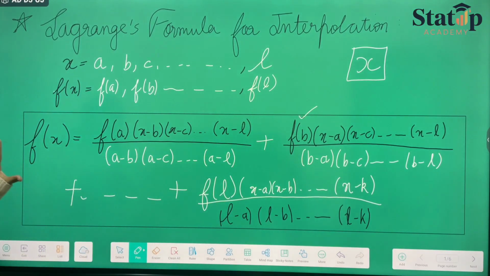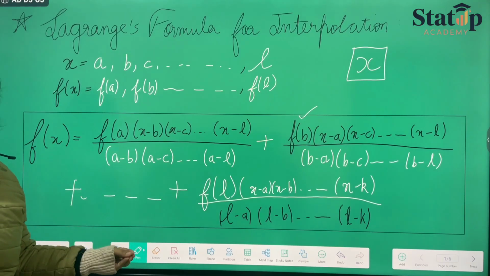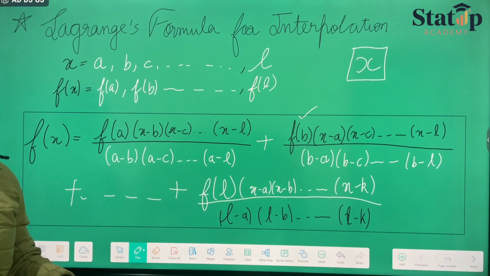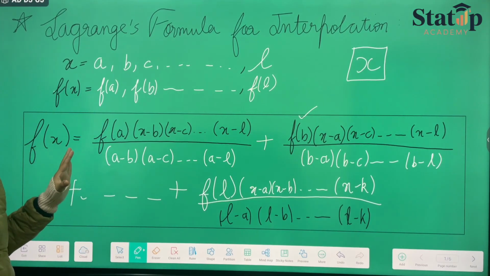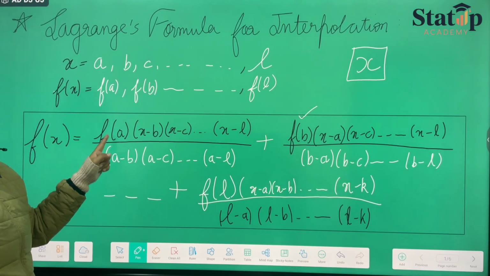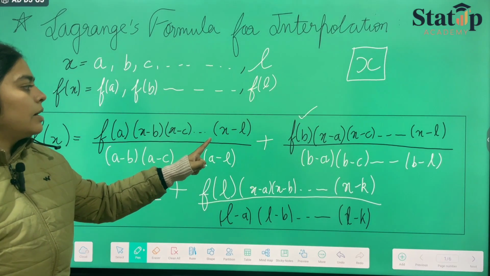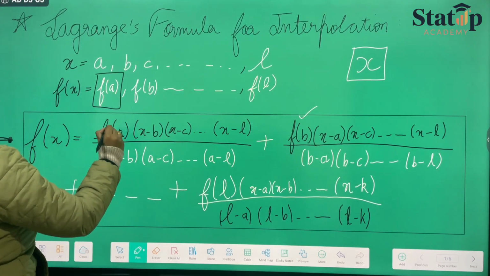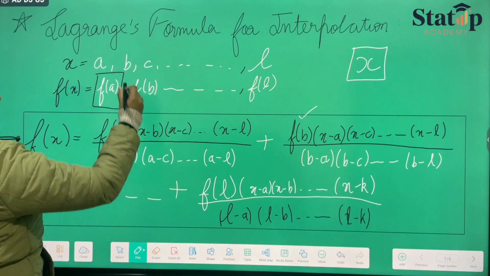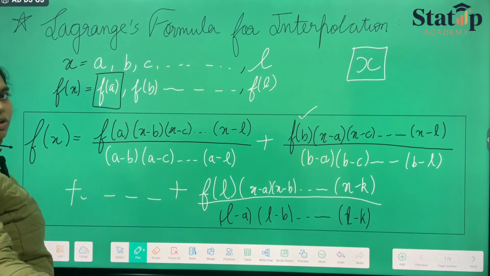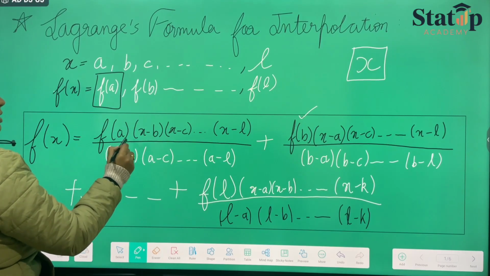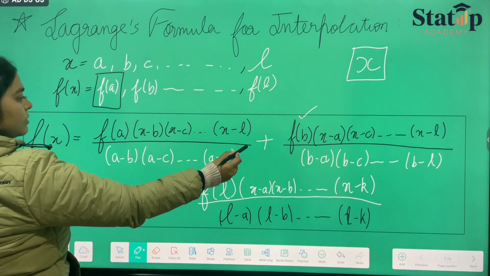This has been given. So Lagrange's interpolation formula, the value of y at point x, is given as f(x) equals, first of all, fa into (x minus b)(x minus c) up till (x minus l). The first function is fa, and we multiply it with x minus b, the subtraction of the rest of the points from x.